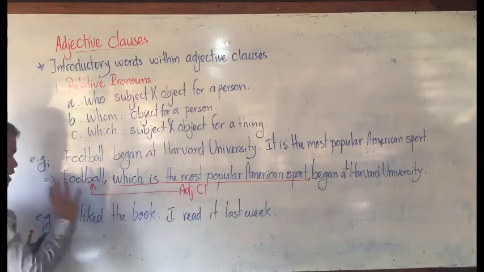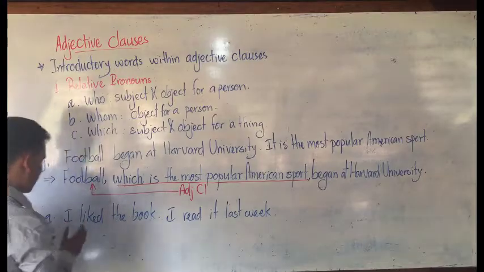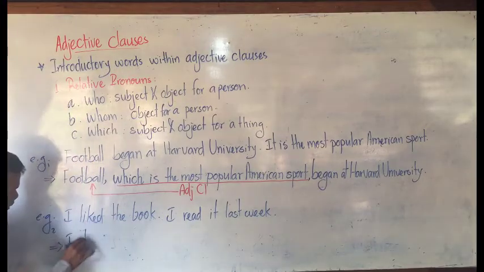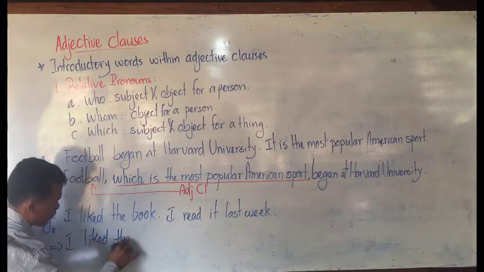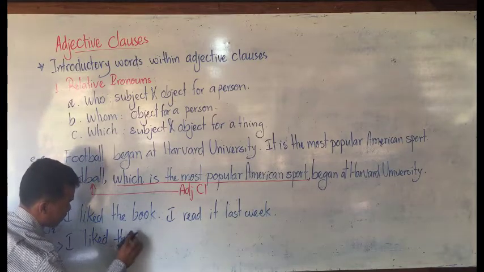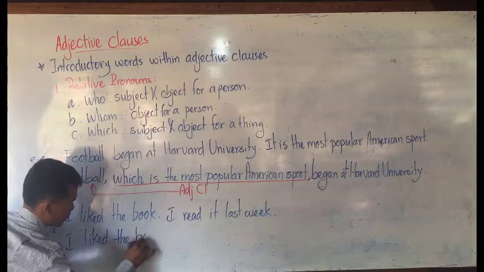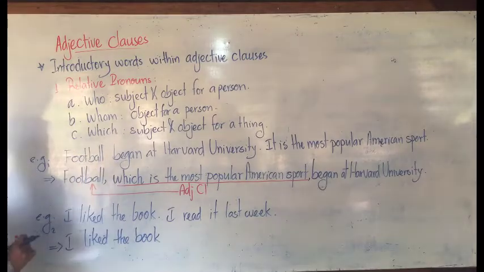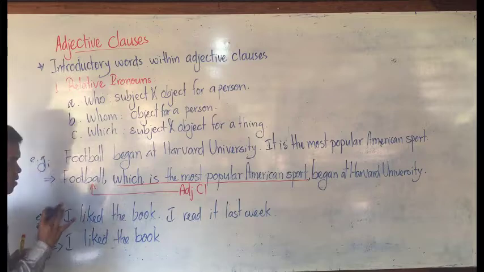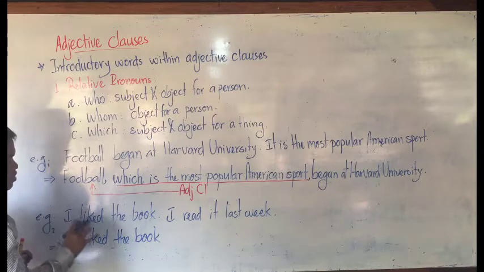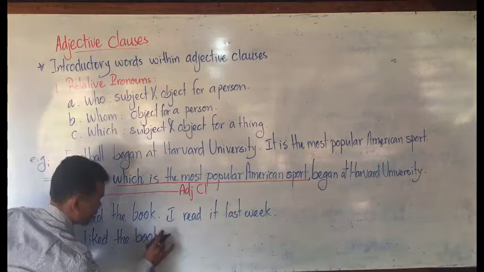So when the book and it are the same like this, we can write: I like the book. The book here is an antecedent or head noun. Book is a common noun. That's why this adjective clause does not need a comma. It is called a defining relative clause.